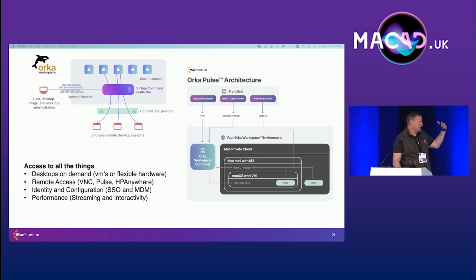That could be something more forward-looking like HP Anywhere, which is a Teradici product, which provides a high-performance desktop, or our Orka Workspace desktop, which provides a protocol that we're releasing at this conference called Pulse, which is similar to your Teradici in that it's high-performance video and audio.